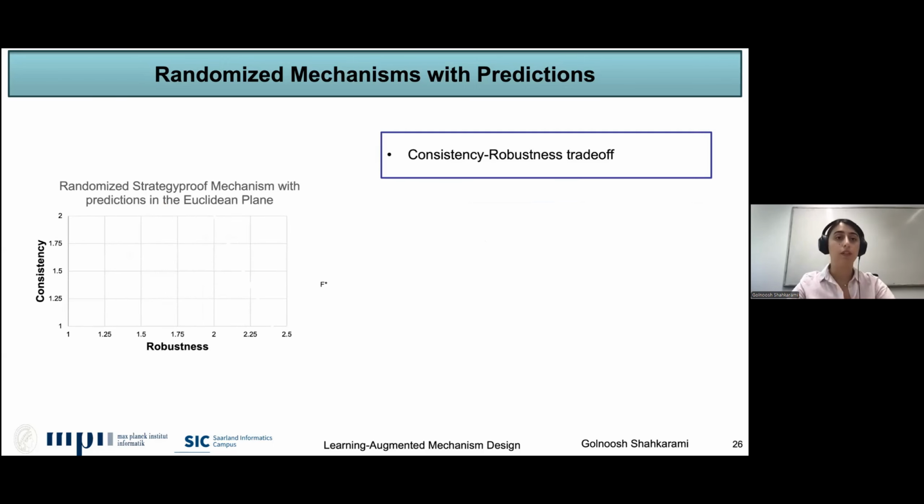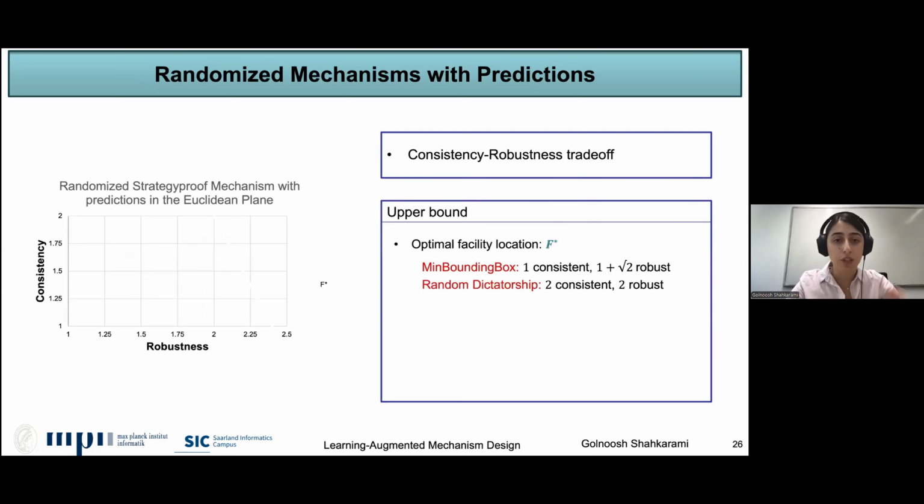And moreover, we studied this problem in the Euclidean plane. So again, using the previous mechanisms, we can show that we can get this green line, which is between 2, 2, which is just a 2 approximation mechanism, and 1 and 1 plus root 2 robustness, which is the minimum bounding box mechanism. But here, we have a positive result.